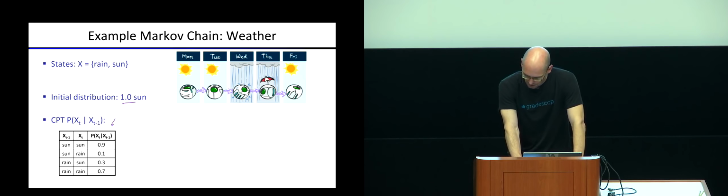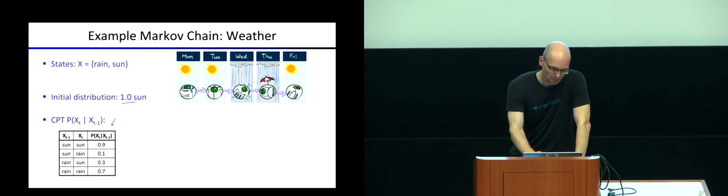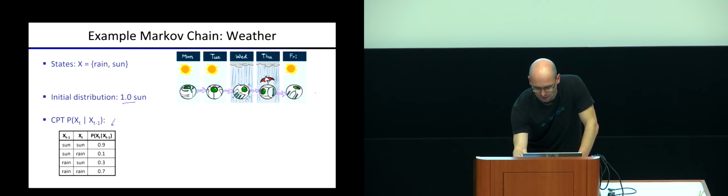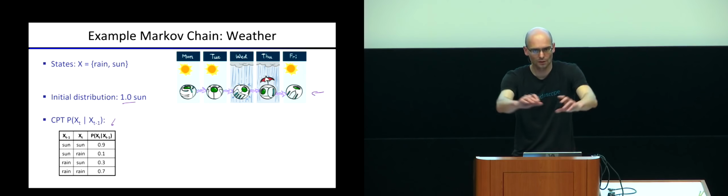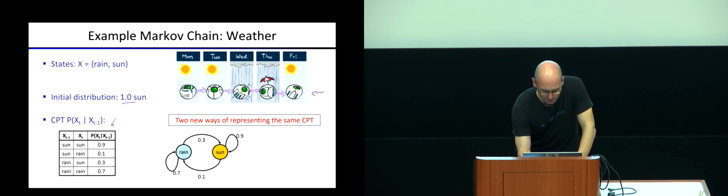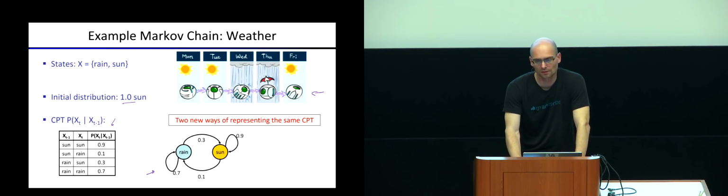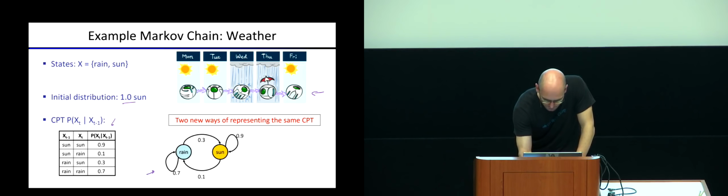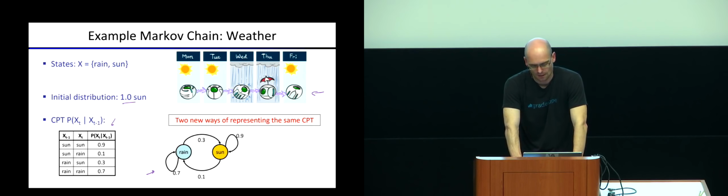All right, so now we can start doing some calculations with this, but let's also look at a few other visualizations. This is one way to look at it: rolling out the Markov model. Another way to represent the conditional probability table is in this format, which looks like a finite state automaton. There are two possible values the state can be, rain or sun, and there are transition probabilities associated with each possible transition.